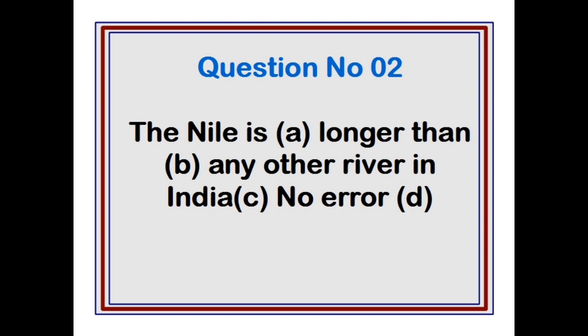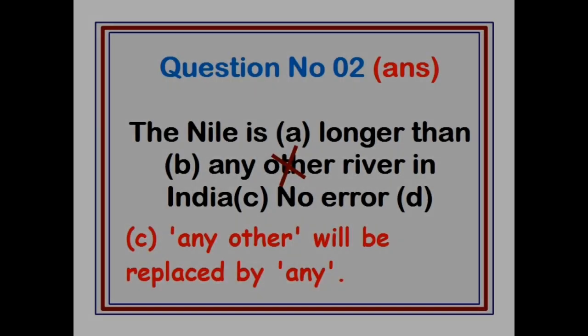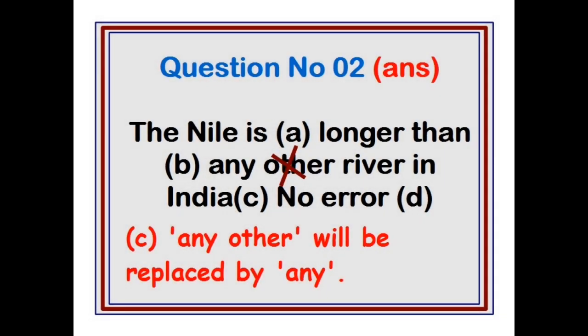But the Nile should be included in this group of rivers, or the subject should be included, to use any other. But in this particular question, the Nile is not included in the group. So we have to write, the Nile is longer than any river in India.